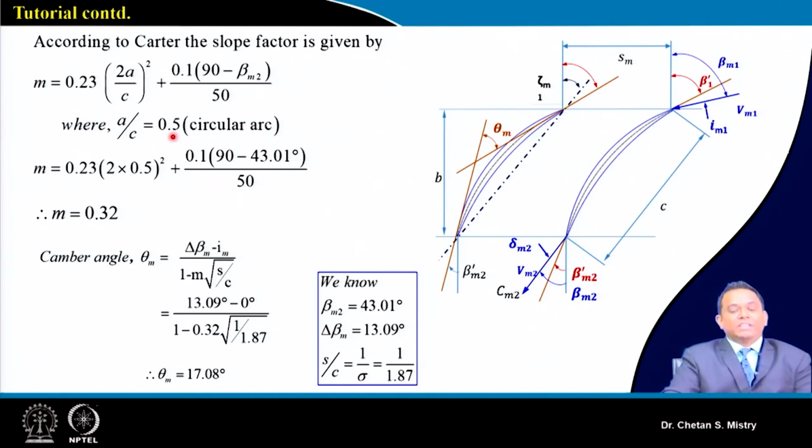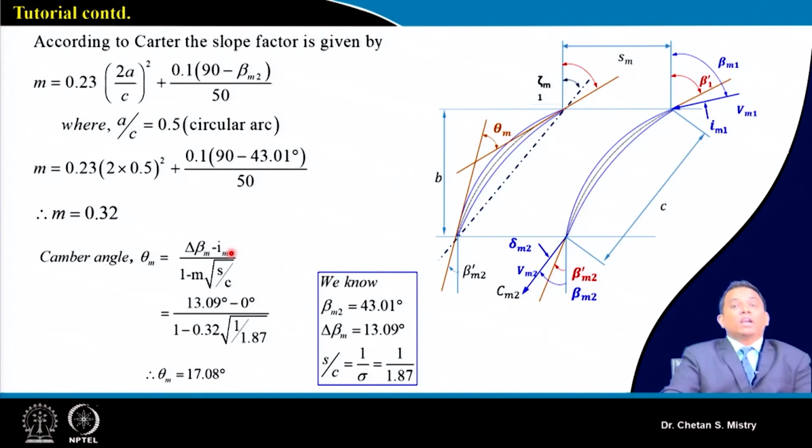So here a by c we are taking as 0.5. If that is your case, we can calculate the m parameter to be 0.32. Now in calculation of the camber angle, we need to assume the incidence angle. At the mid station, we are assuming our incidence angle to be 0. Same logic that we have discussed for the subsonic compressor, we are opting for here.